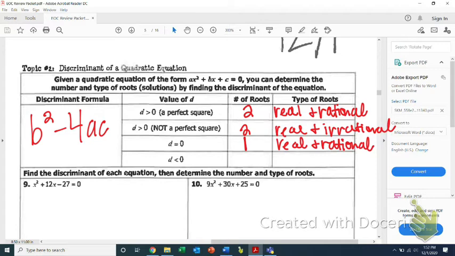If it is less than 0, meaning it is negative, it will have 2 non-real imaginary roots. So it will have that little i in there that we've learned about.